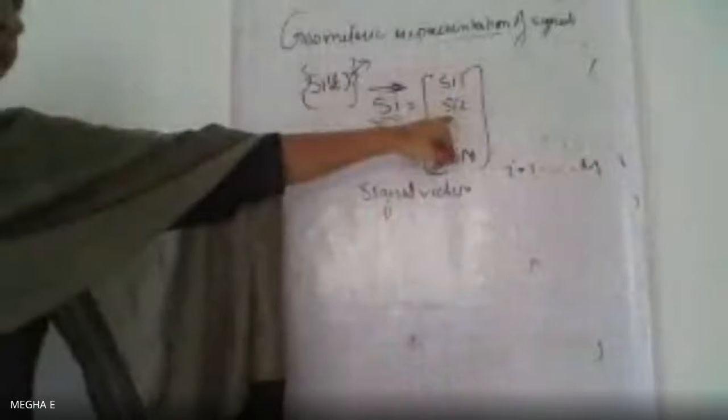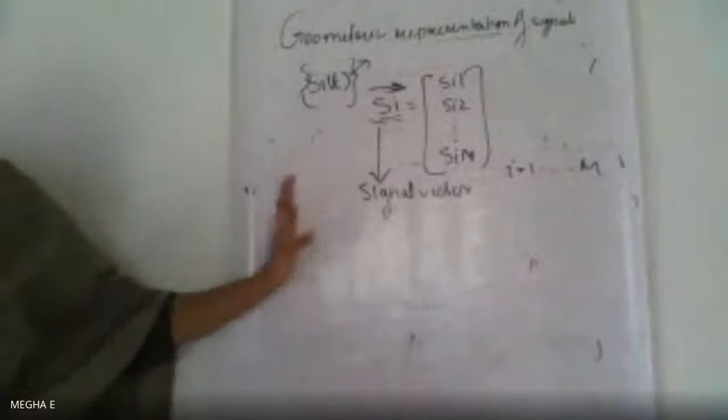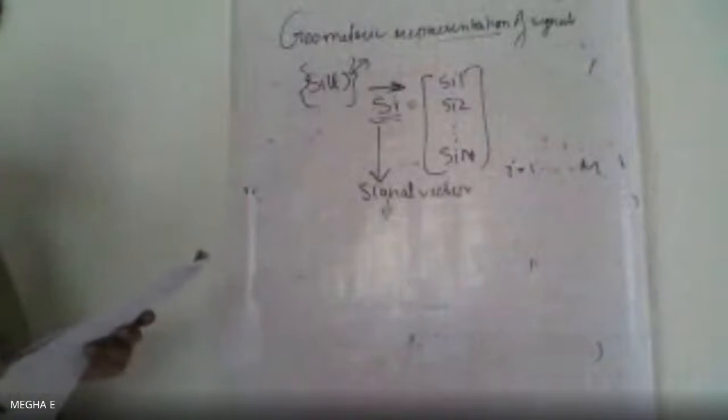This set of Si can be completely determined by the signal vector Si, as Si is nothing but Si of 1, Si of 2, Si of n. This Si is a signal vector. Is it clear? എല്ലാരും പറ.